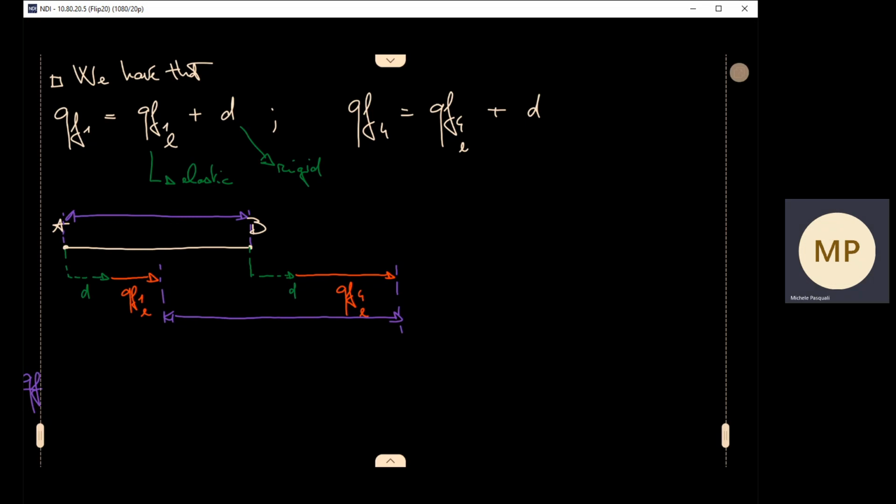Now, if we want to write this down from a mathematical point of view, we have that the component 1 of the vector of deformation-induced displacement, so the axial ones, is basically written as Q psi1. So this is the first row of the matrix Psi.